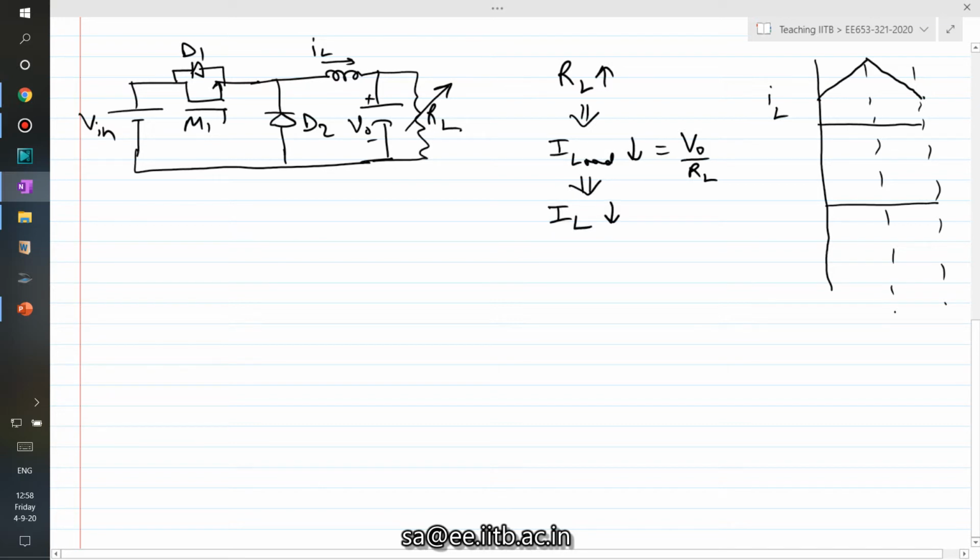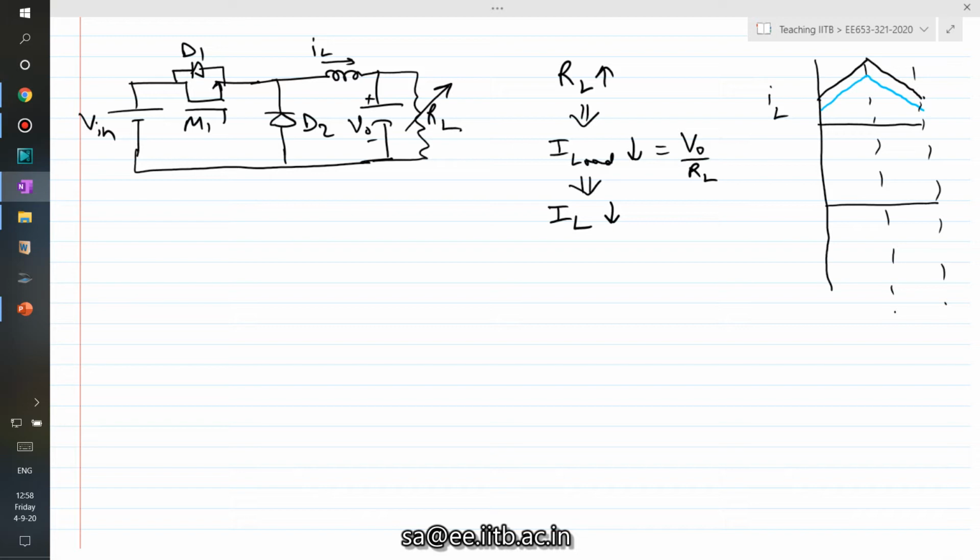What does it mean? On the right hand side figure, the characteristic would shift downward. It looks the same, because the slopes are the same, the duty cycle is the same, and the frequency is the same, but the average value has come down.